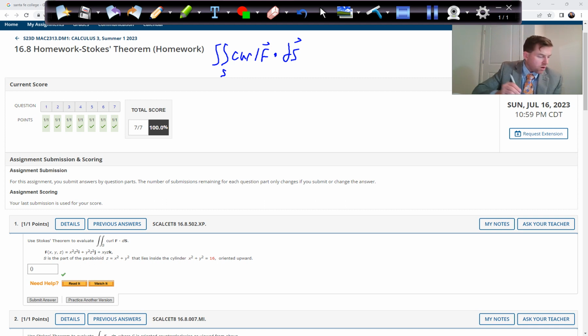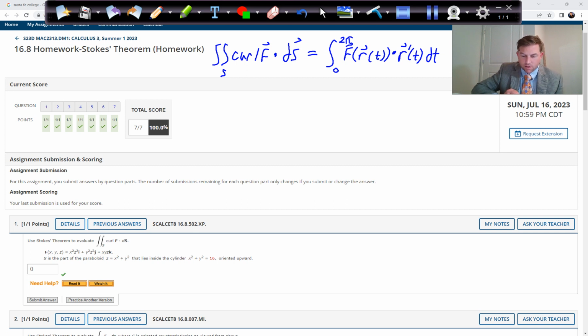For problem 1, the easiest thing to do is to use the integral of F, plugging in a parametric equation, vector r of t, dotted with r prime of t dt. So that's actually going to be the simplest way to solve 1.